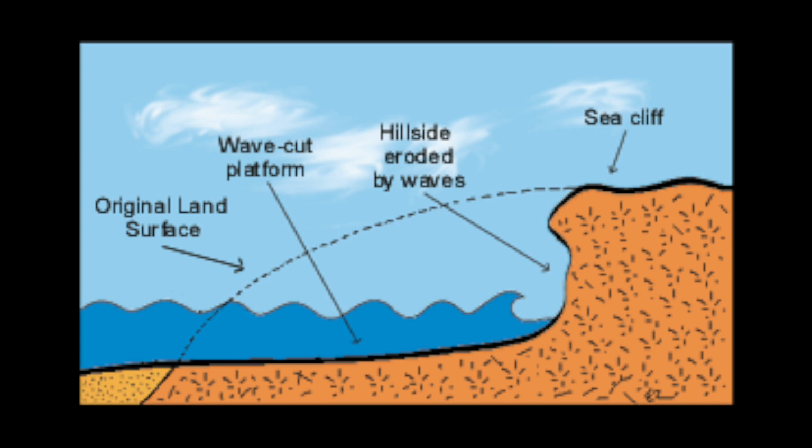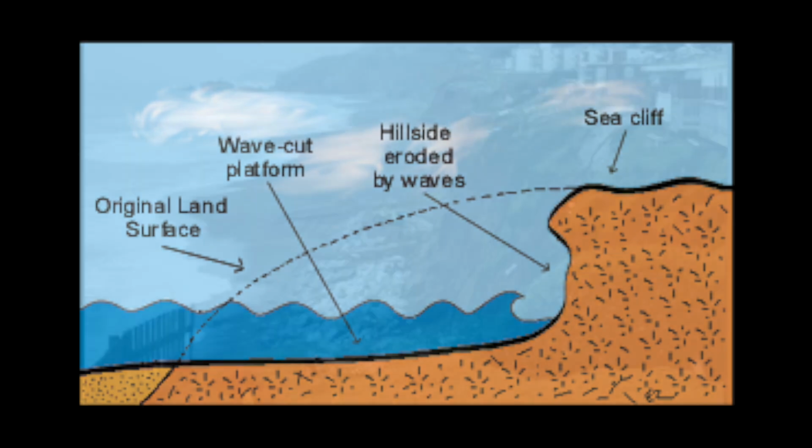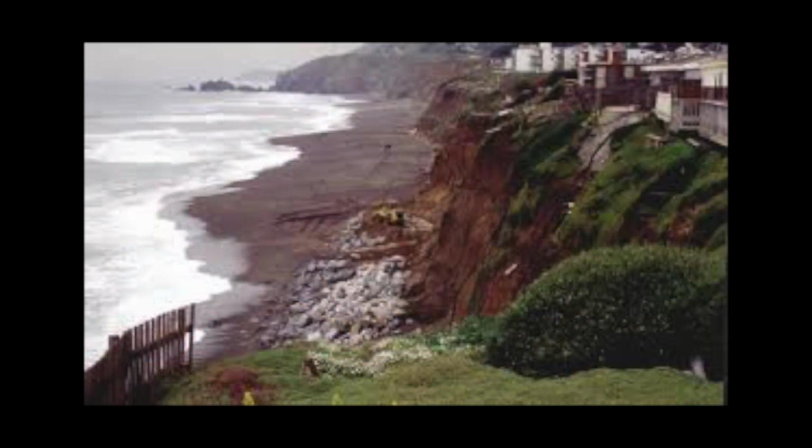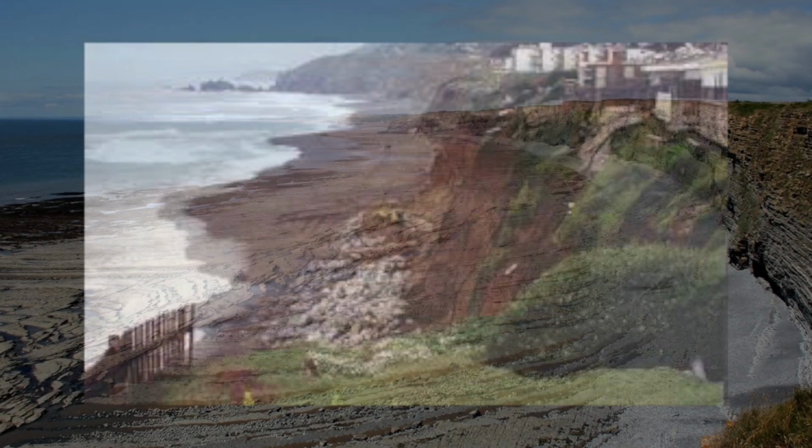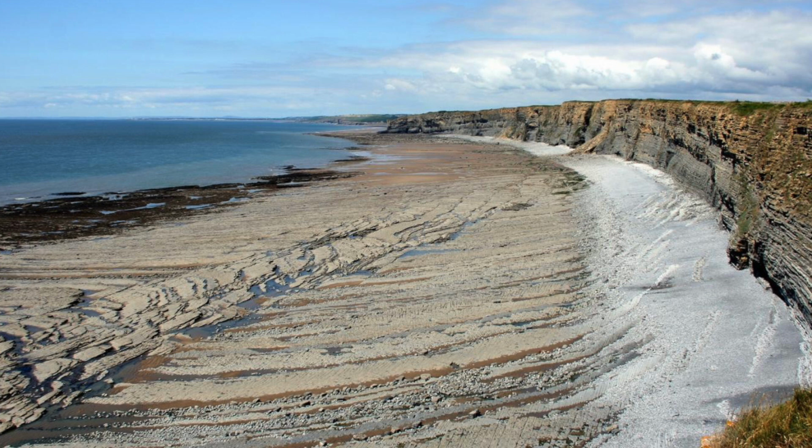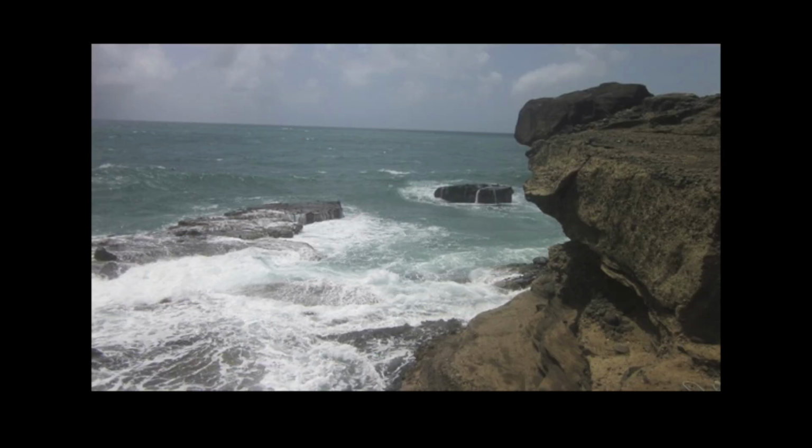Sea cliff is the steep rocky coast rising vertically above the sea water, or the steep rock faces adjoining the coast. There is a gradual extension of the notch landward due to continuous wave attack. As a result, the crest of the cliff overhangs the notch.